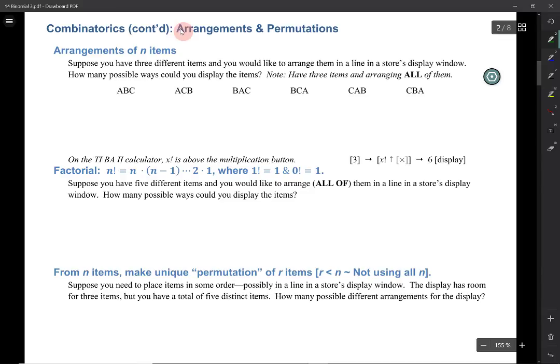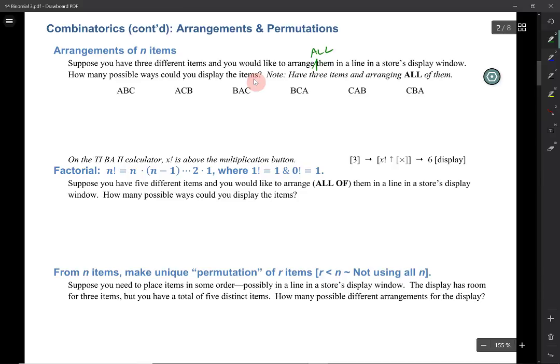Okay. So now we come to some of the special cases, maybe an arrangement and permutation. Sometimes people say an arrangement is: suppose you have 3 different items and you would like to arrange all of them in a line in a store's display window. How many possible ways could you display them? Note we're arranging all of them, right? So this way, this way, this way.